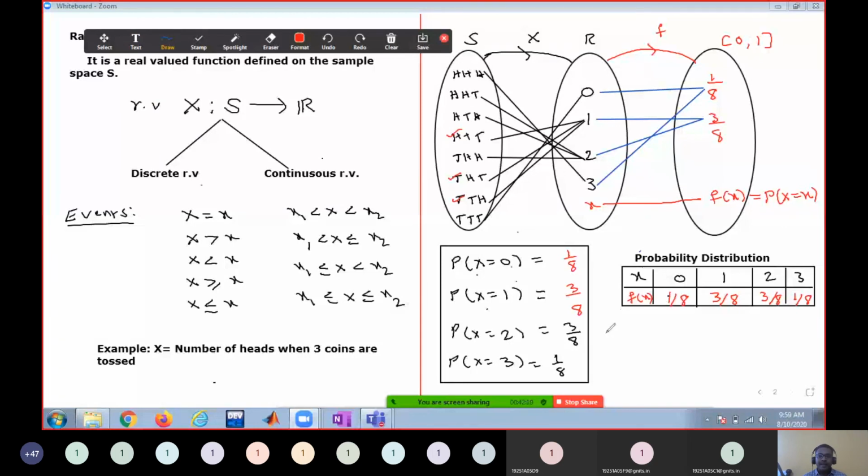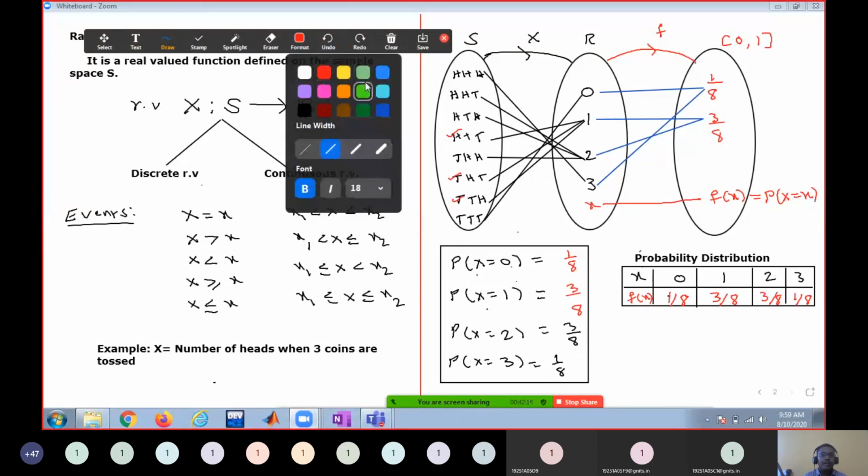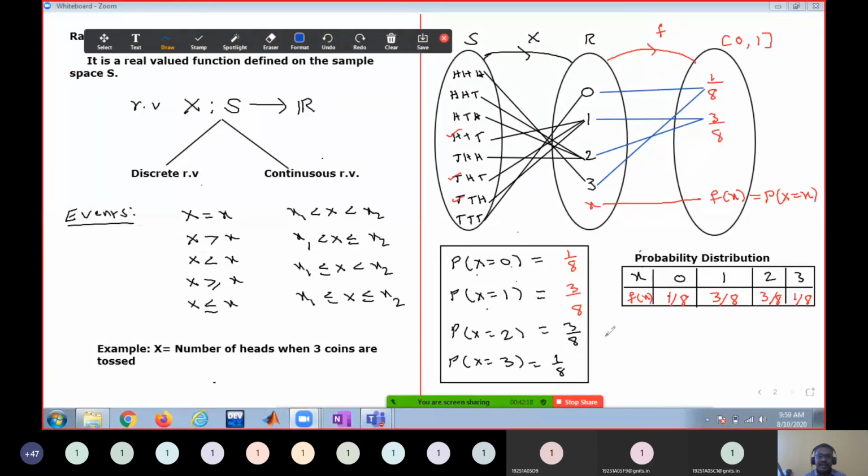Now let us say: what is the probability that there are at least 2 heads? How do we denote that? Probability that X is greater than or equal to 2.